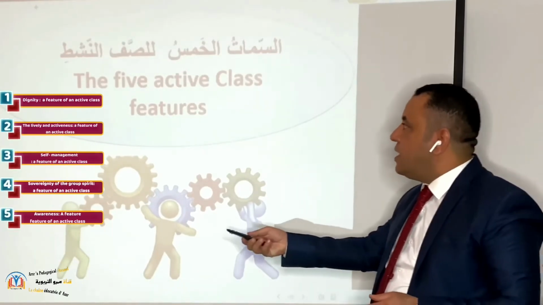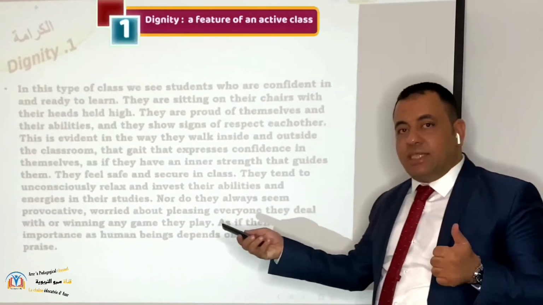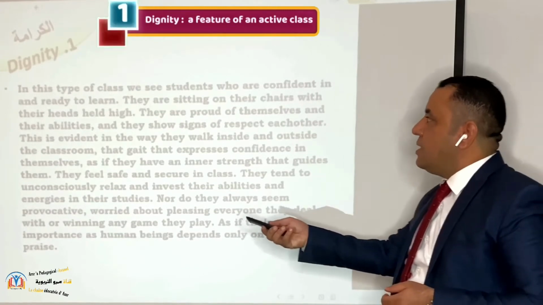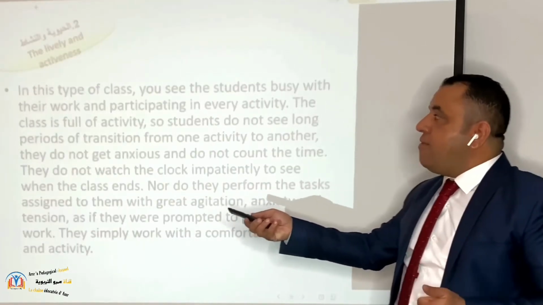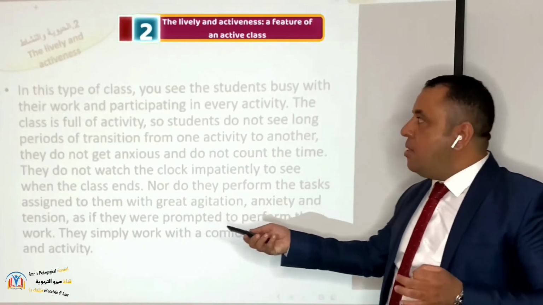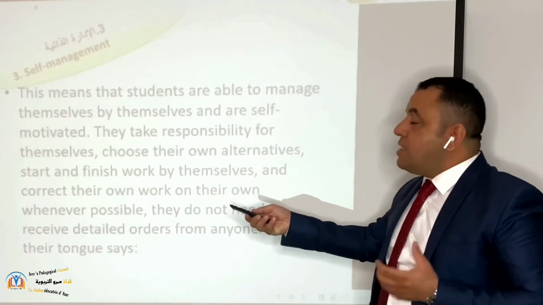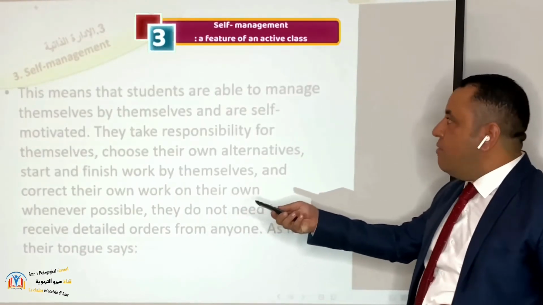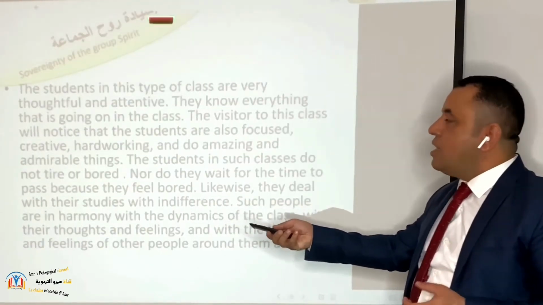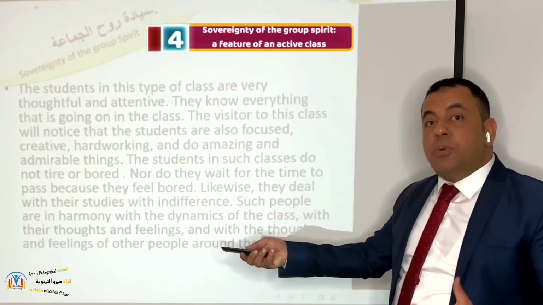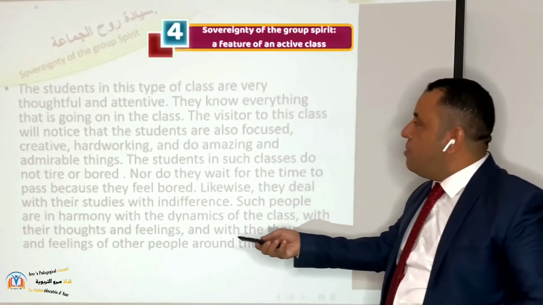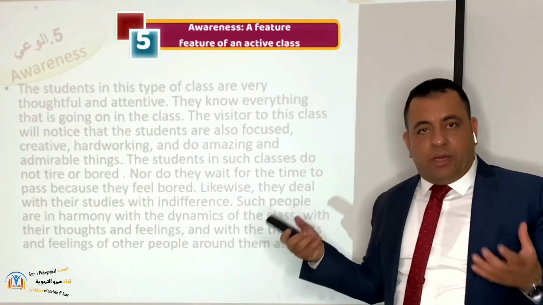Let's see what the 5 features of an active class are. The first one is dignity. The second one is liveliness and activeness. The third one is self-management. The fourth one is stability of group spirit. Number 5 is awareness.